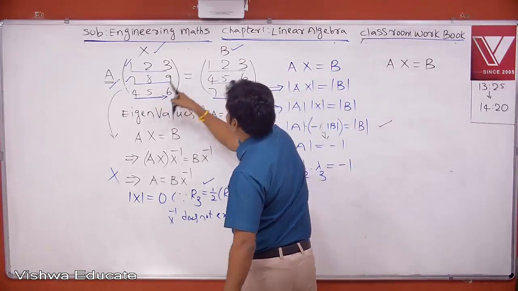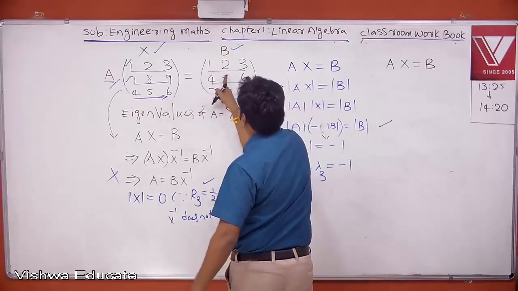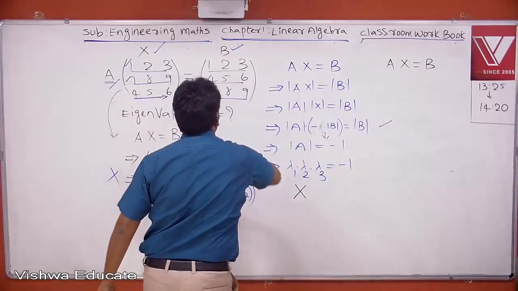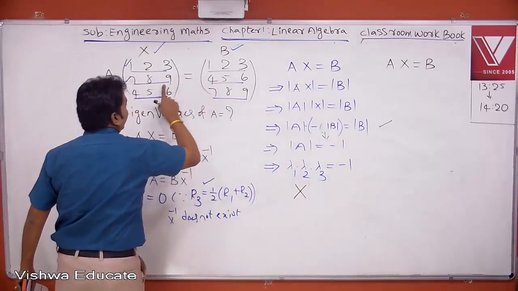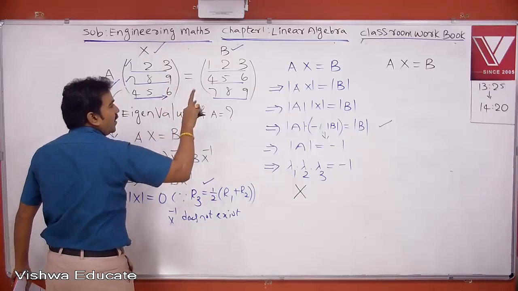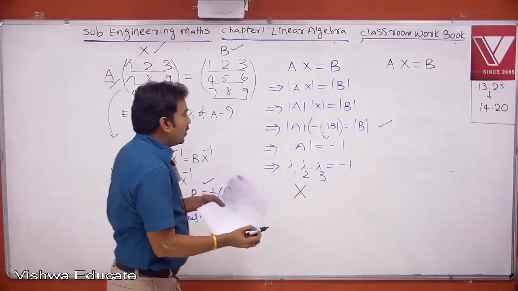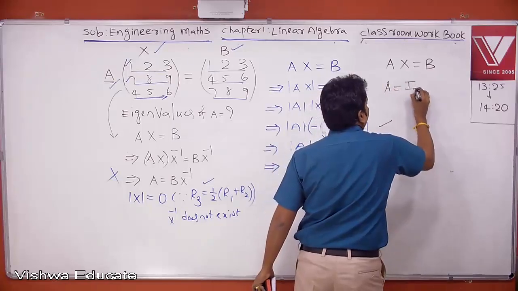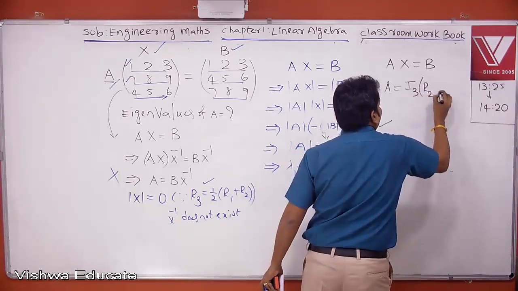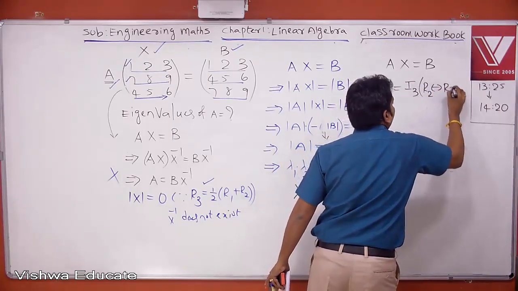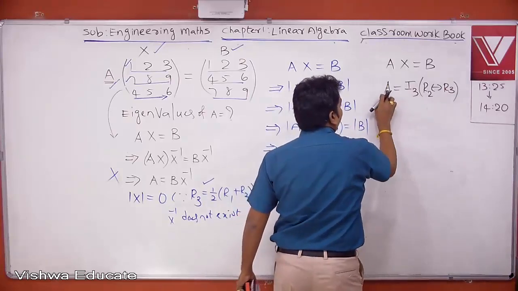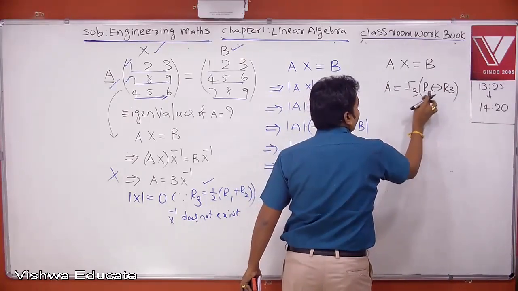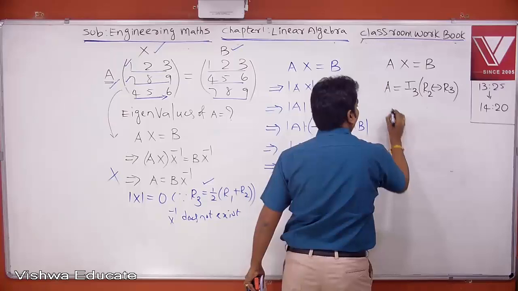But the difference between these two is that the second and third rows have been exchanged. Therefore, this matrix A is nothing but the identity matrix of size 3 by 3 with the second row exchanged with the third row.